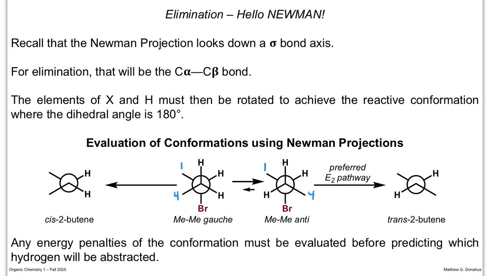So those refer to the carbon chain. This one where it says carbons 1 and 4, methyl and methyl are anti. That's the most stable Newman projection because we're minimizing steric interactions.